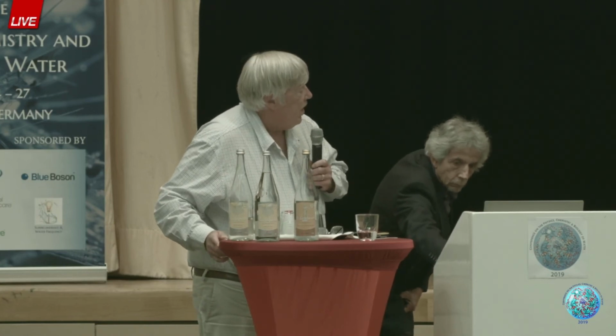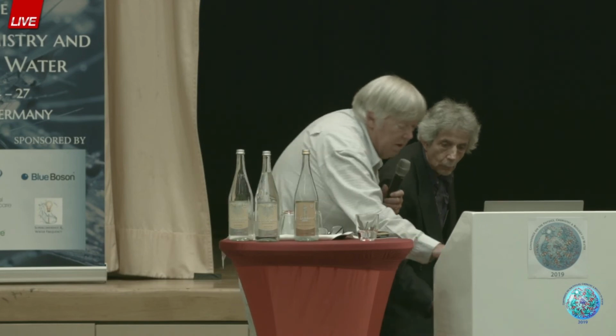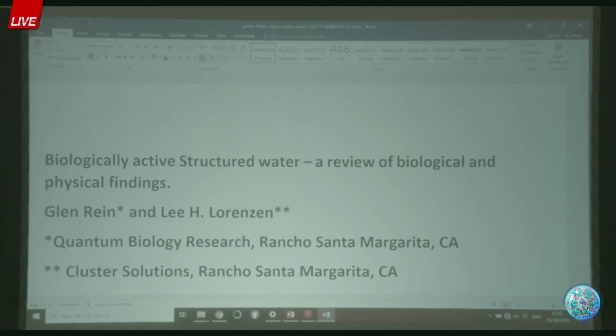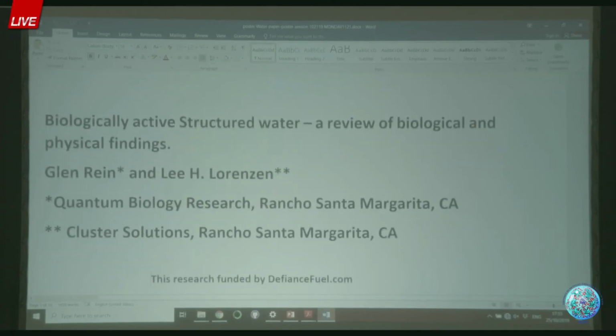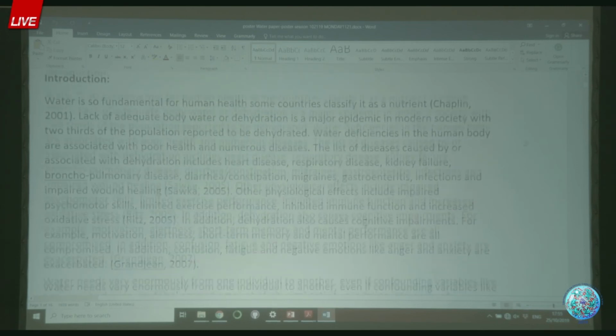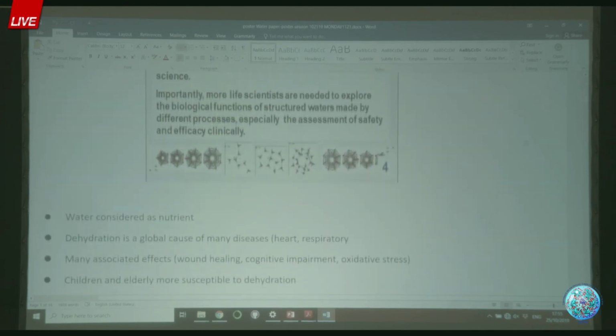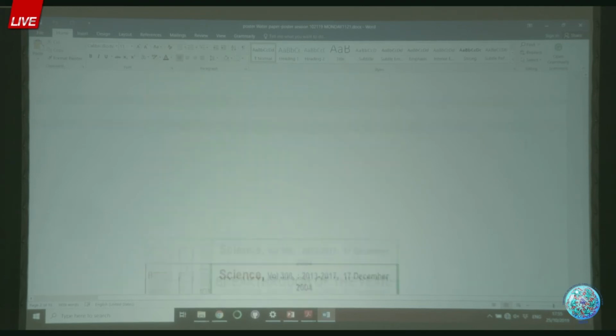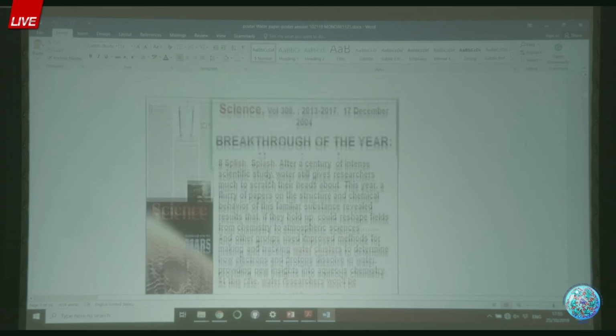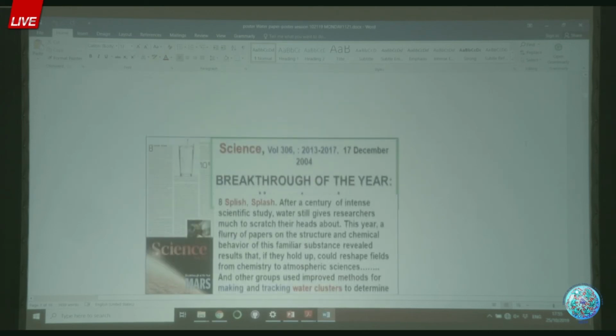So what we're doing now is creating a lot of different studies to look at the biological effects. And in 2004, the journal Science called water clusters the breakthrough of the year.